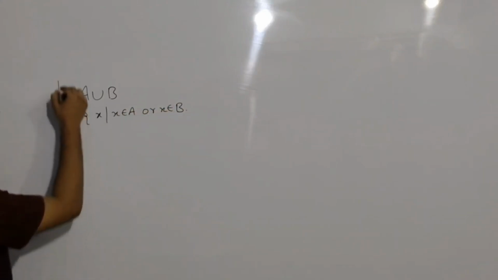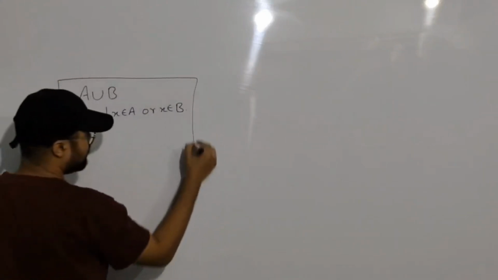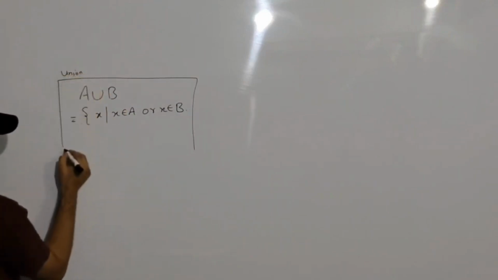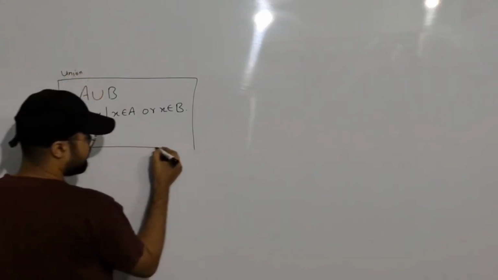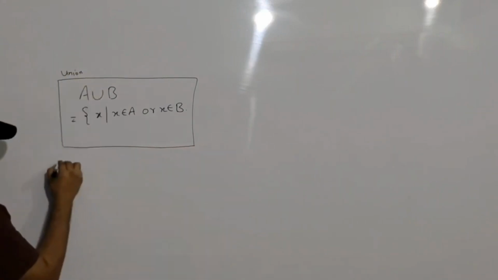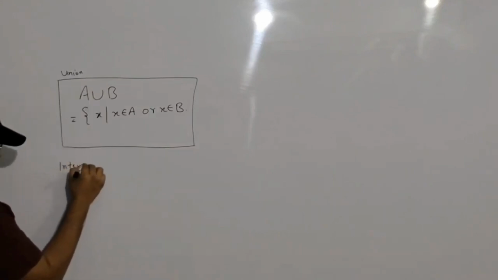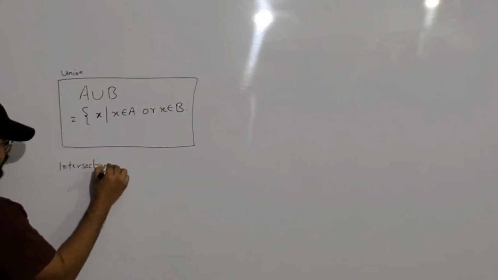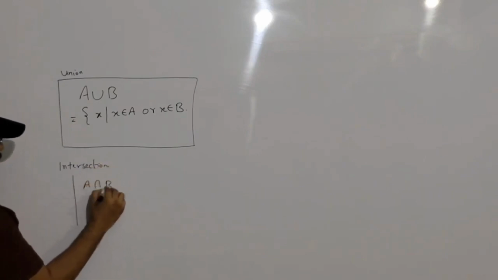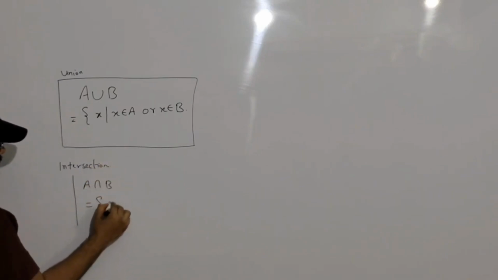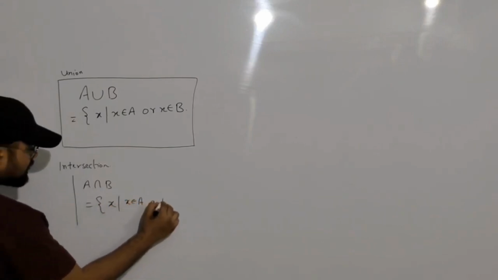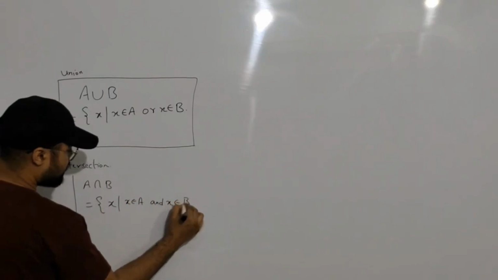This is one set operation, which is union, and the other set operation is intersection, which means that A intersection B is equal to x such that x belongs to A and x belongs to B.